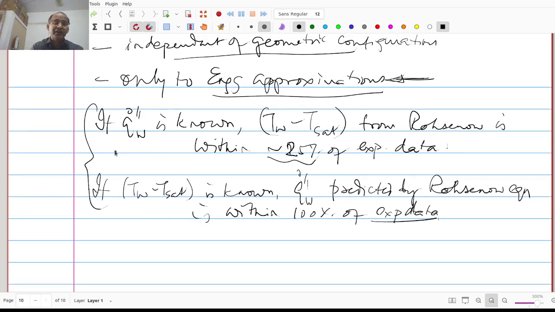And in order to estimate what would be the tube wall temperature, you can use this, where the heat flux can be estimated and T wall minus T sat can be evaluated.